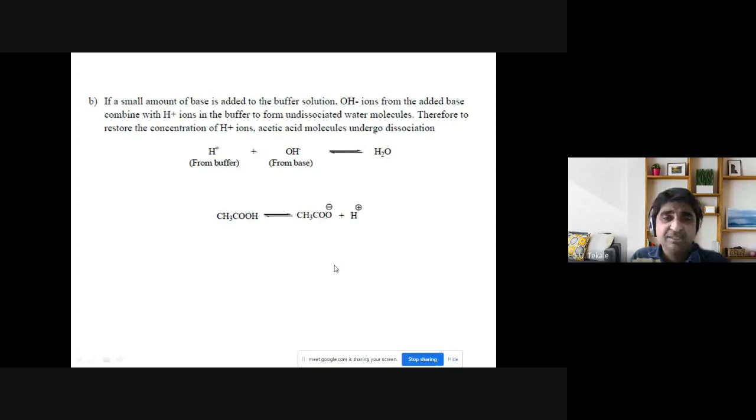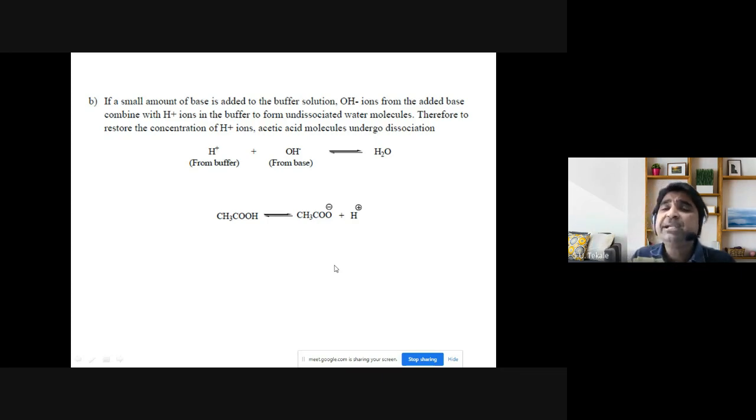We know that according to Arrhenius theory, an acid is a substance which consists of H plus ions and a base is a substance which consists of OH minus ions. More accurately, an acid is a substance which when dissolved in water produces H plus ions, and a base is a substance which when dissolved in water produces OH minus ions.